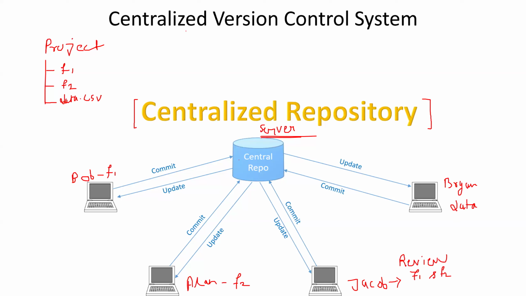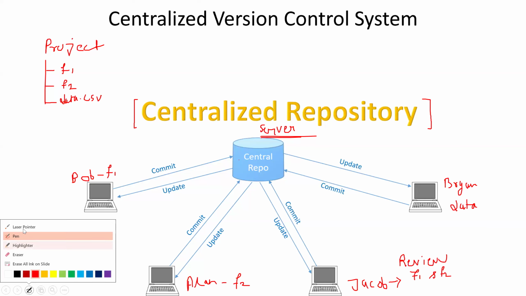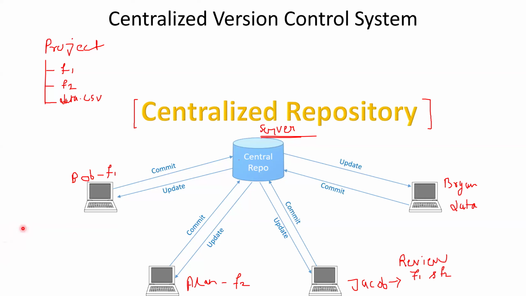Now let's see how the central repo works. First of all, Bob makes a request to the central repo, just like going to a particular website or server, and takes the file F1.